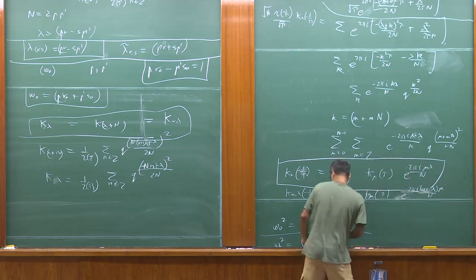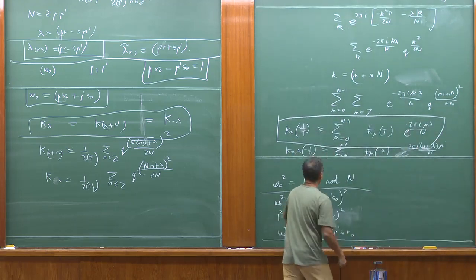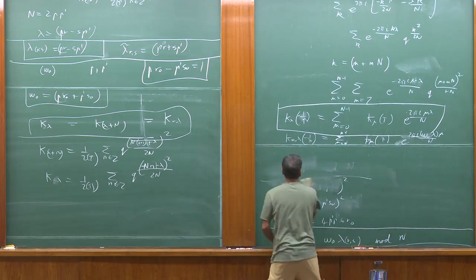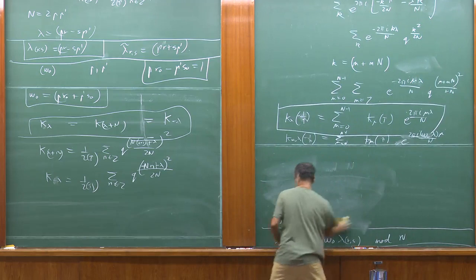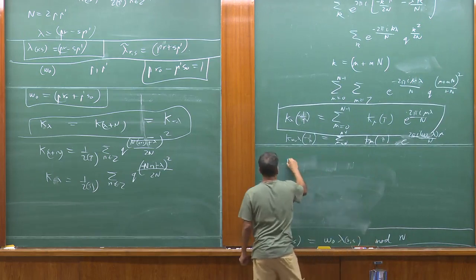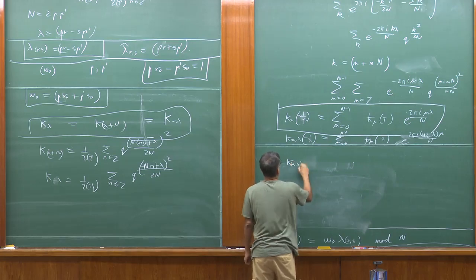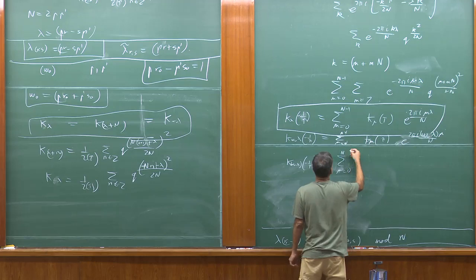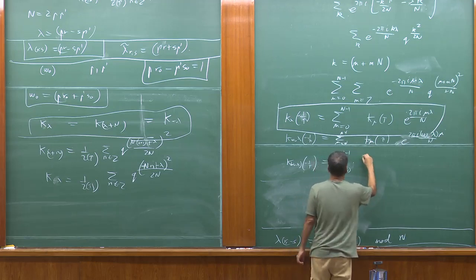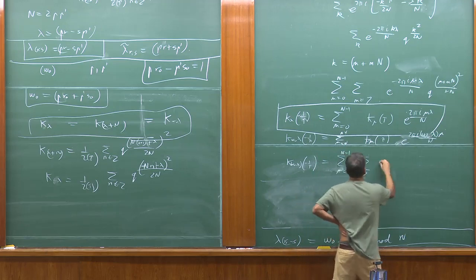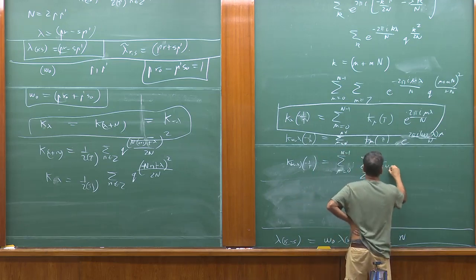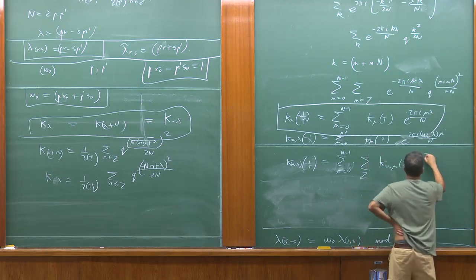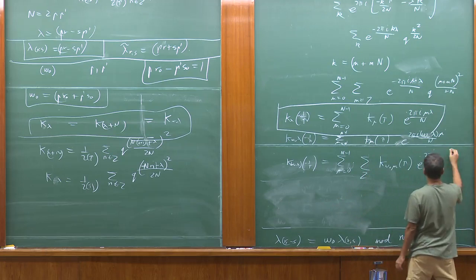And now we just change variables here. So I'll write this out again. k of omega naught lambda of minus 1 by tau is equal to the sum over mu from 0 to n minus 1, sum over integers z, k of omega naught mu tau, e to the power 2 pi i, then we have this omega naught lambda mu by n.